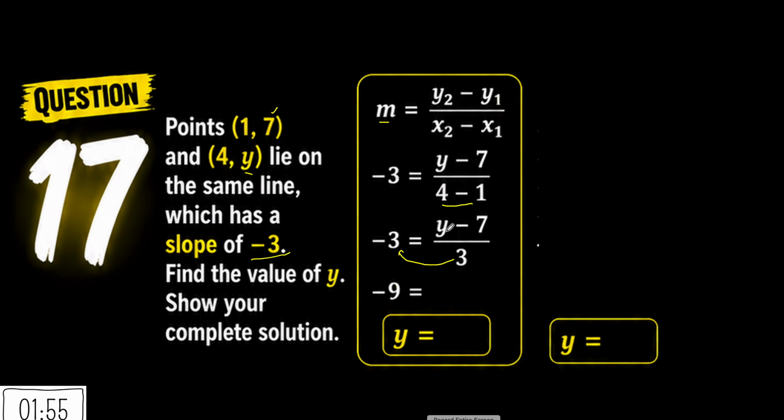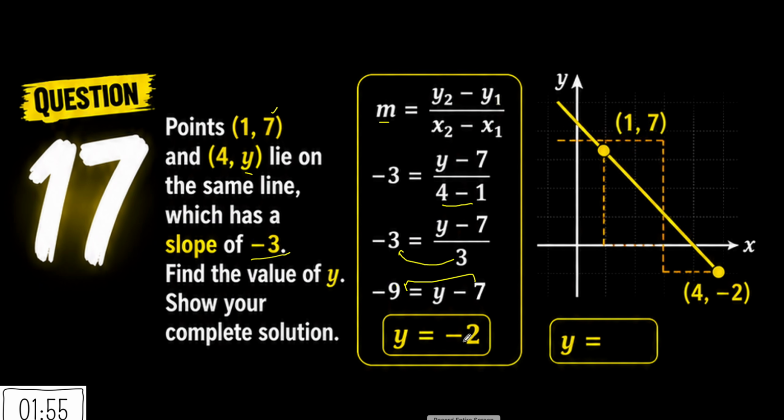So, equals y minus 7. Para mahanap na si y, syempre, ayusin na natin. O kaya naman, ilipat mo si negative 7 sa kabila. Okay? So, it will become positive 7, negative 9 plus 7, that is going to be negative 2. Okay? So, that's it. The y-intercept, or the y here, is equal to negative 2.